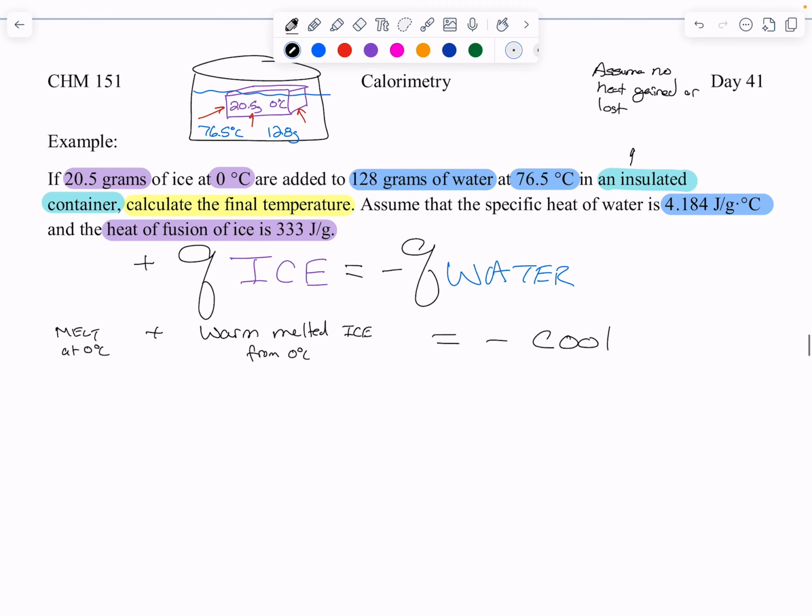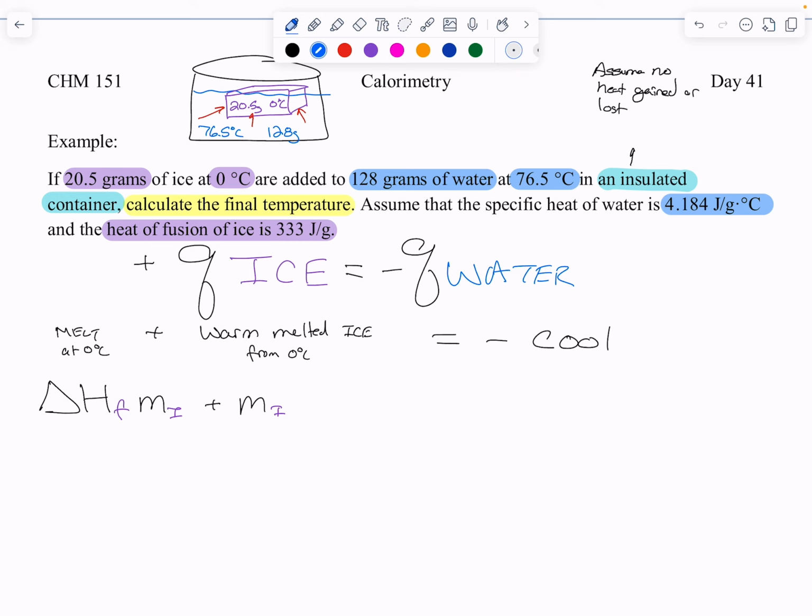Formulas. Melting ice. Delta H_F times the mass of ice plus the mass of ice times your specific heat. Now, what's your specific heat? Since it's now melted, it's no longer the specific heat of ice.